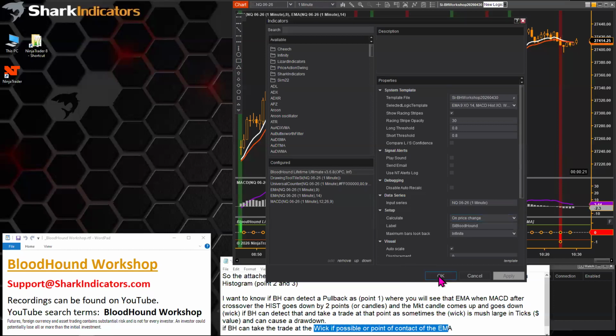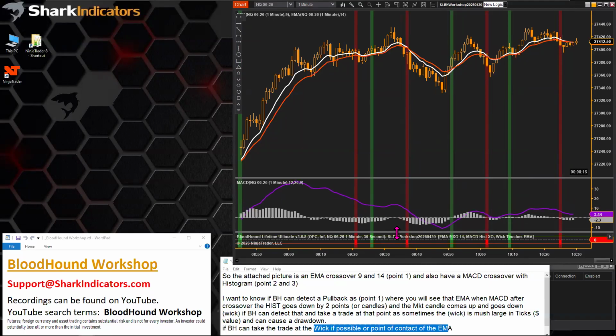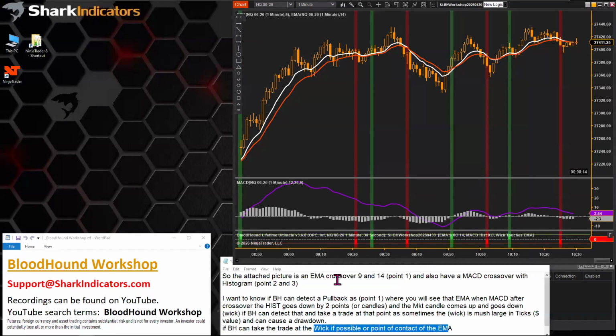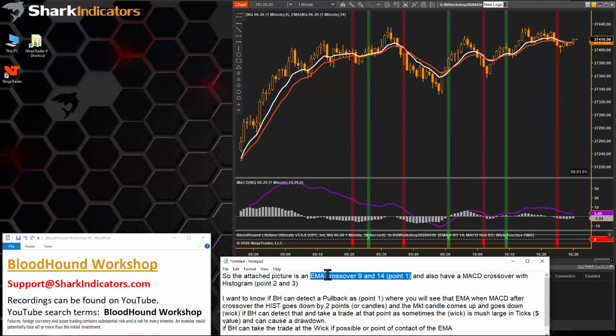All right, and then what I was discussing is we'll set up each of these conditions. The EMA crossover condition is labeled 0.1, and then 0.2 and 0.3 are the MACD crossover.